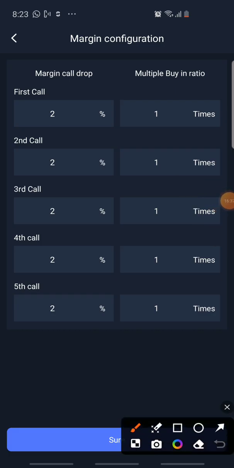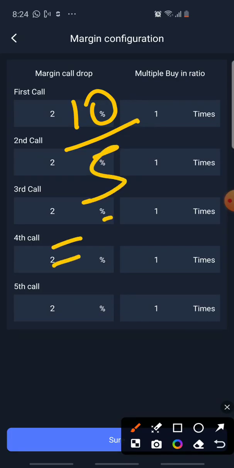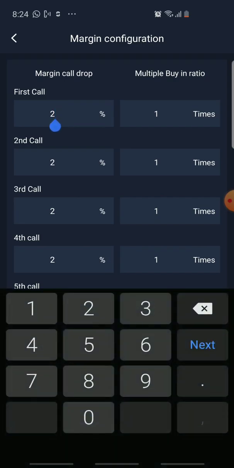So how do I get that I'm supposed to put 2? If the drop is 10% and you want to set 5 margin calls, take 10 divided by 5, and you end up with 2%. But someone can still decide, I want to buy first at 0.5. Someone puts 0.5, then here 1, then here 2.